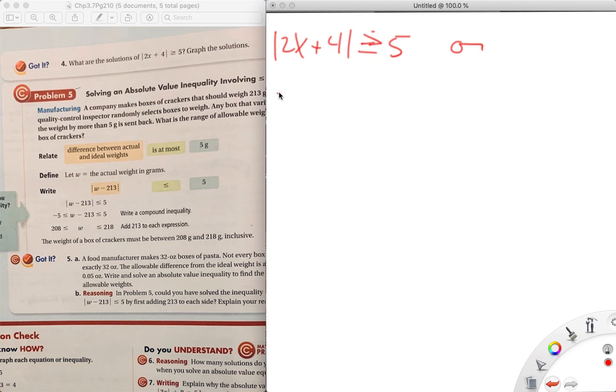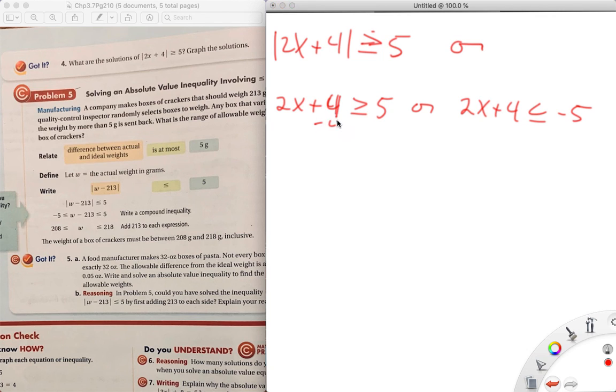Scenario number 1, 2x plus 4 is greater than or equal to 5, or 2x plus 4 is less than or equal to negative 5. And those are 2 scenarios.